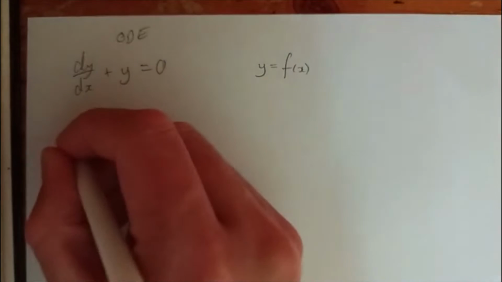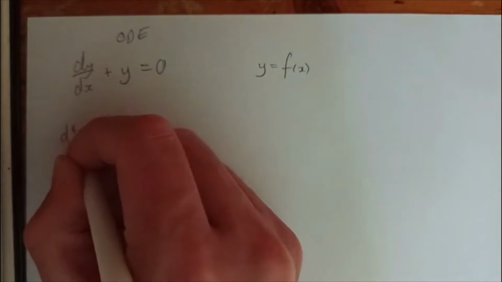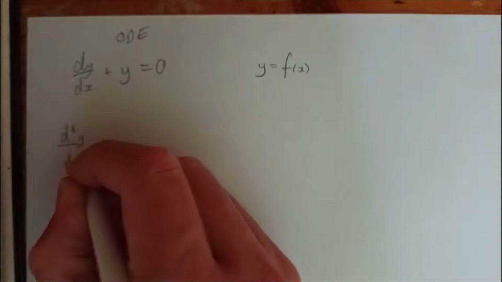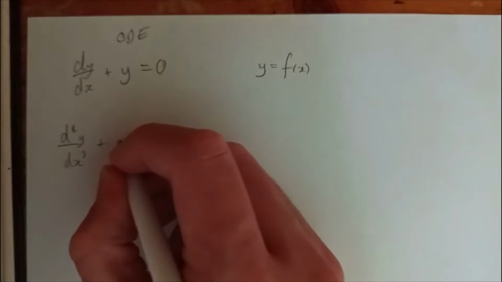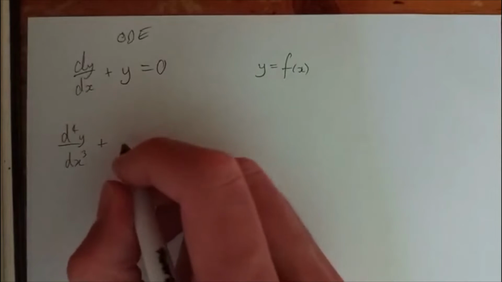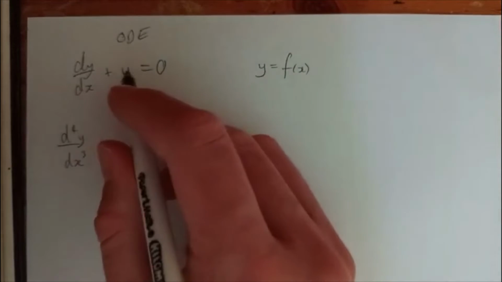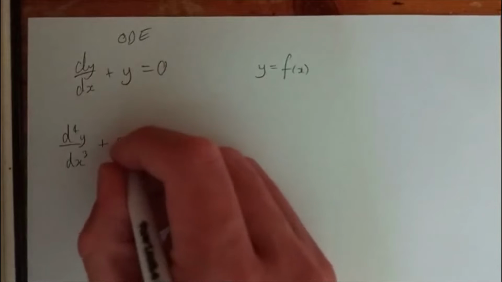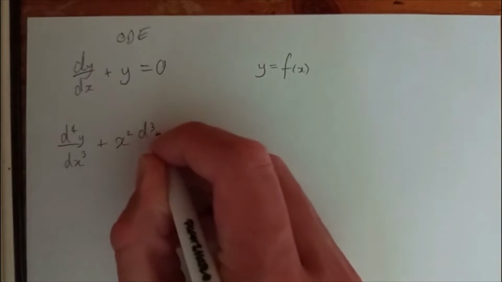So, for example, if we had the fourth derivative, plus we can include coefficients in front of the derivatives and the function itself. So maybe we might have x squared times the third derivative.